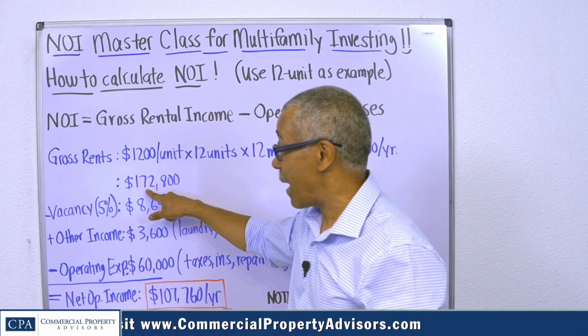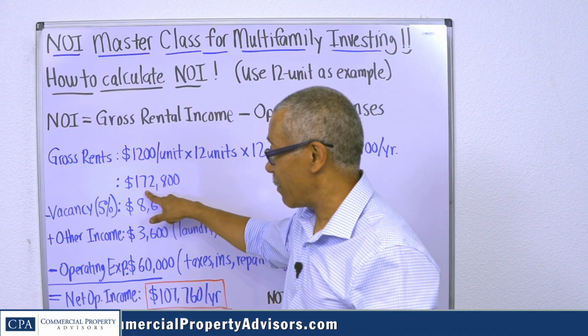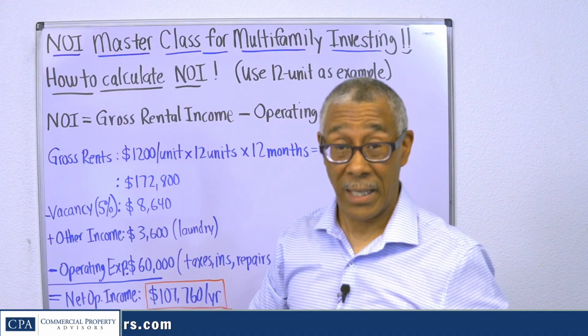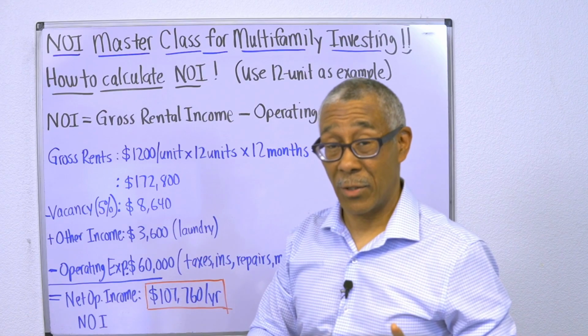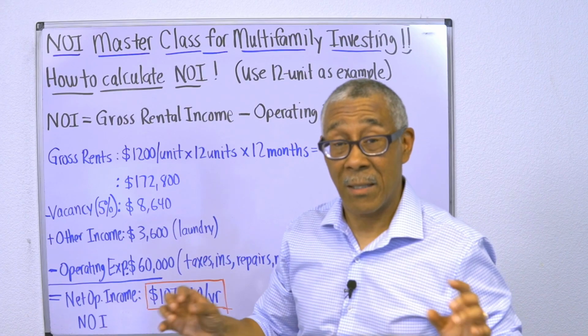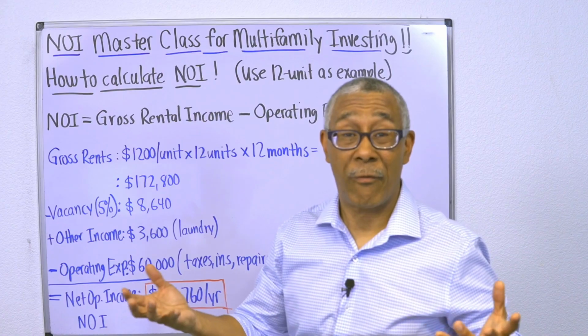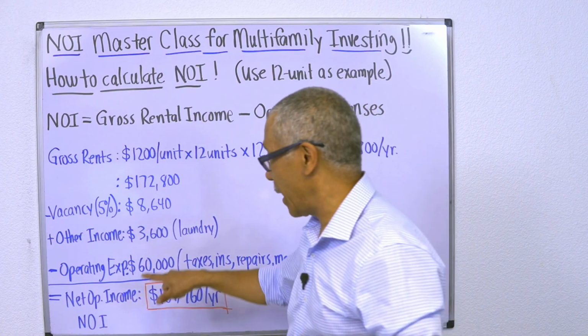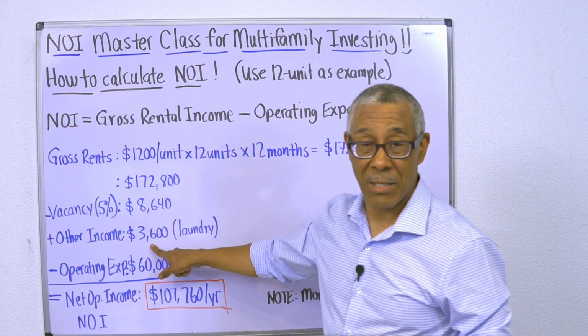So I'm going to subtract that number from that number to get what I call my effective gross income. Next, most likely there are maybe 4 or 5 machines in my building for laundry, and that's going to bring in $3,600 for the year.